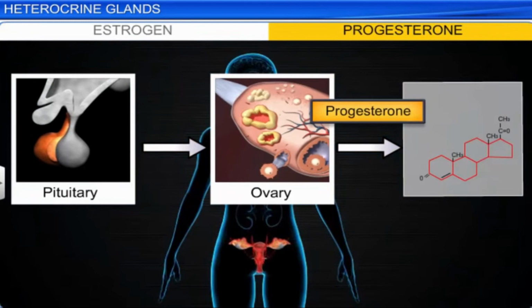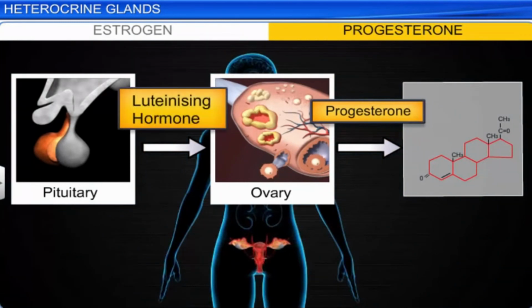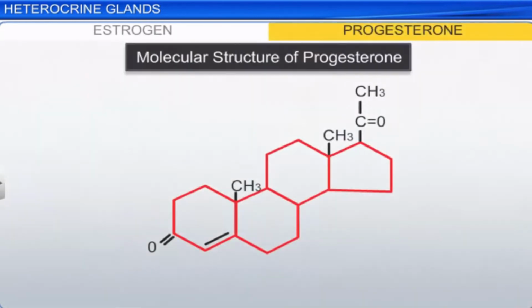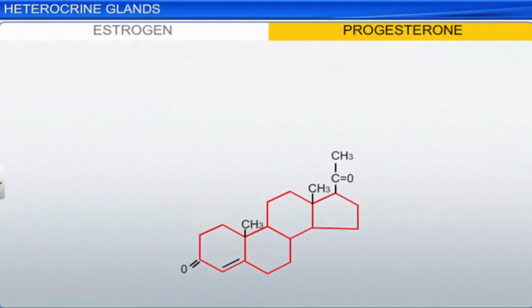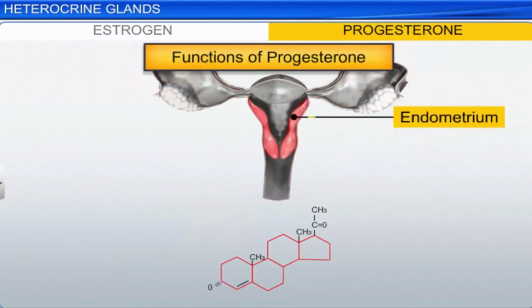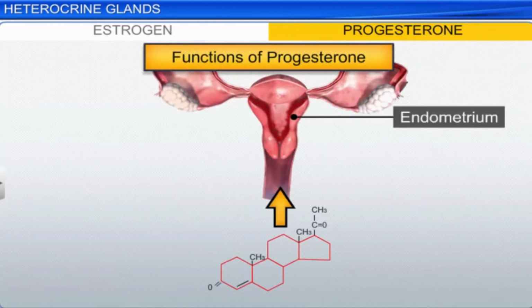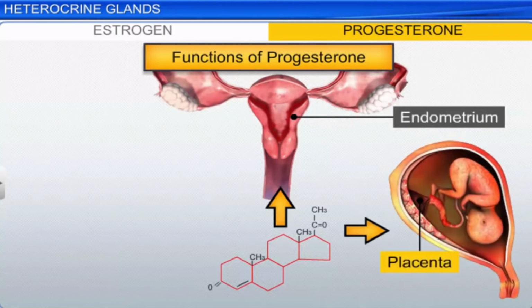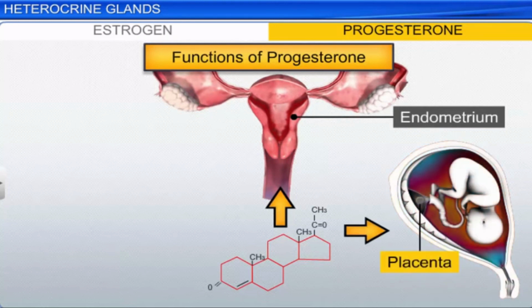Progesterone secretion is stimulated by the luteinizing hormone of the anterior pituitary gland. Progesterone is also known as the pregnancy hormone. It stimulates the proliferation of the endometrium of the uterus and prepares it for implantation. Moreover, it helps in placenta formation and the development of the fetus in the uterus.